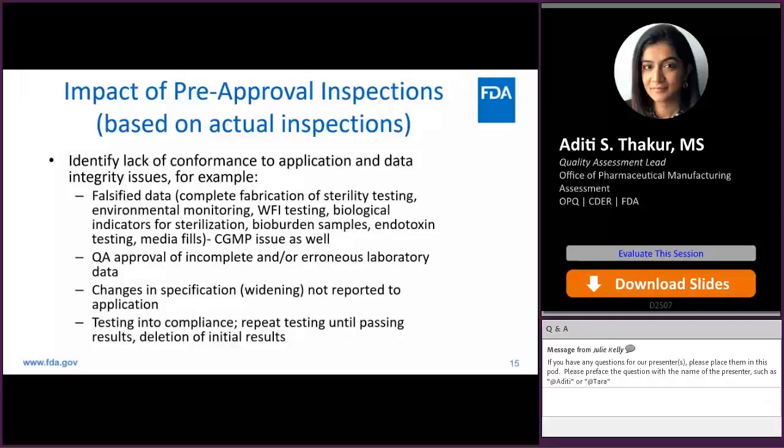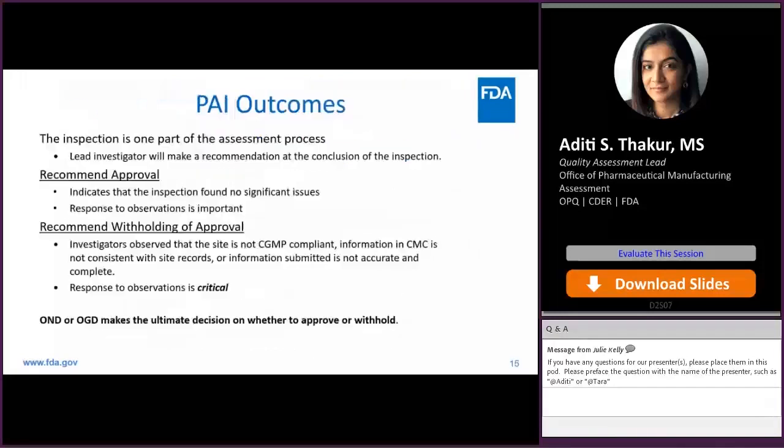In certain cases, changes in the specification which were not reported in the application can also be another data integrity issue. Other data integrity issues are testing into compliance, repeated testing until passing results are obtained, deletion of initial results, and inadequate investigations. If we find this during a pre-approval inspection, these are going to impact the overall recommendation for the application.